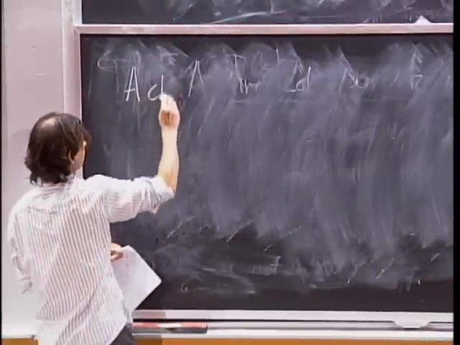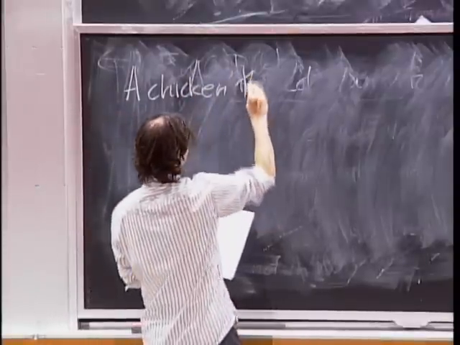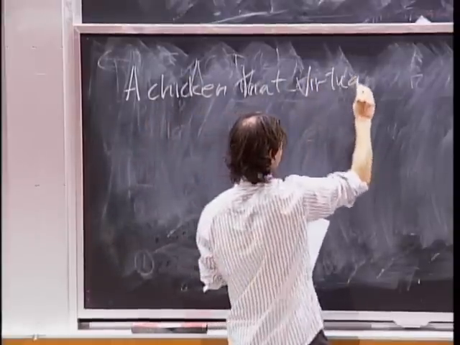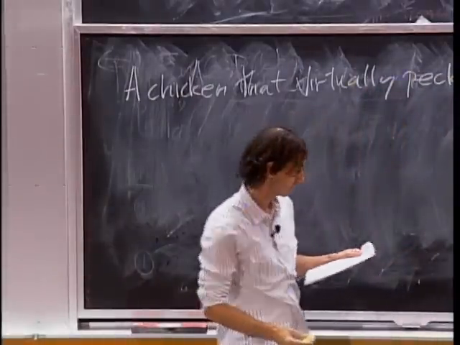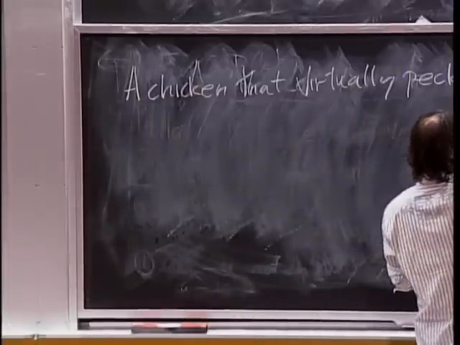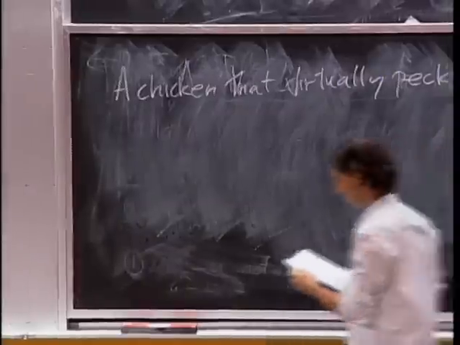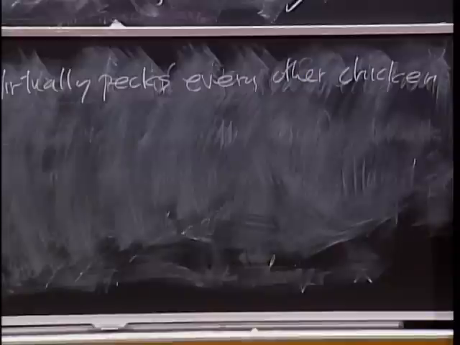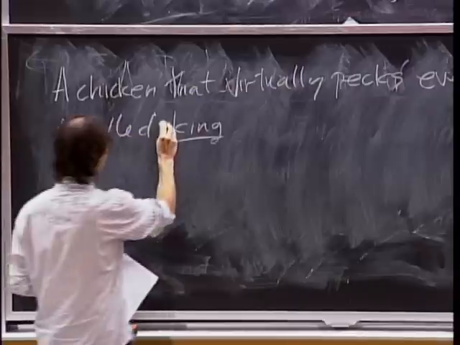A chicken that is able to virtually peck everyone else we will call a king. So a chicken that virtually pecks every other chicken is called a king chicken.